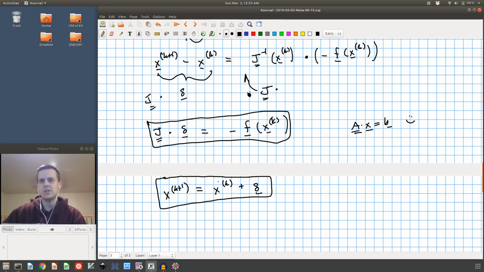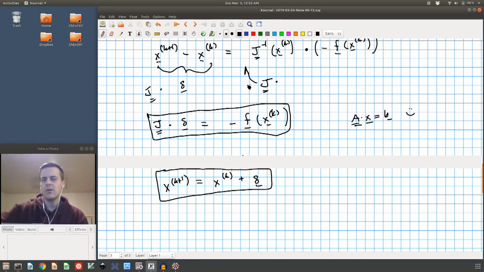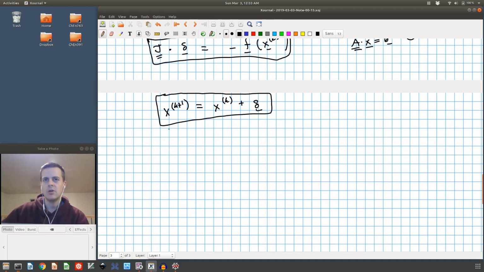So the steps I'm going to use when I'm solving Newton's method, which we'll show in 2 seconds in our example: I'm going to evaluate f, then I'm going to evaluate J. Both of them use x of k. Once I have those two things, that's my third one here, solve linear system.